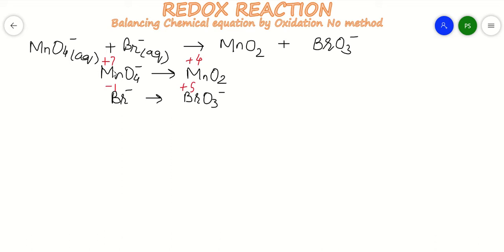I am going to find out how much decrease or increase in oxidation number is happening in every half equation. If you see carefully, there is a decrease in oxidation number by 3 per atom in the first half.